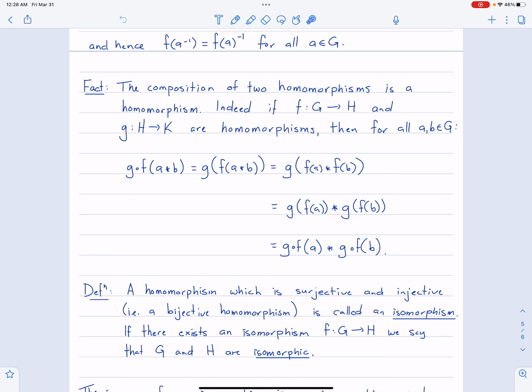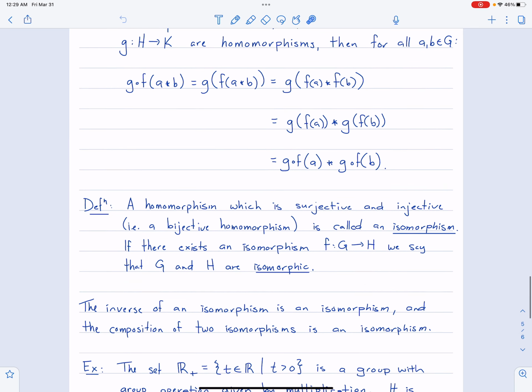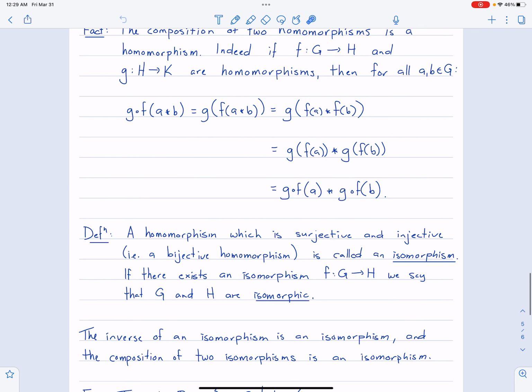There's a bijection from one to the other, but it's also a bijection that respects the group operation. And if there exists an isomorphism between G and H, then we say that G and H are isomorphic. So the inverse of an isomorphism is an isomorphism, and the composition of two isomorphisms is an isomorphism.